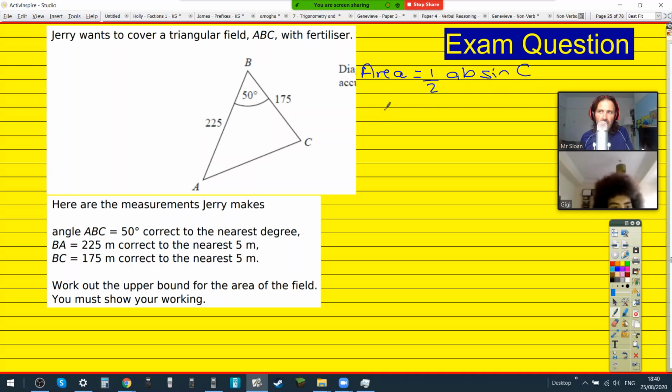You only need one angle. 50. What is A? What is B? What is C? A equals 180, but I'm not sure what it is. How'd you get 180? That's all the angles in a triangle.